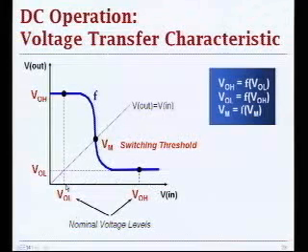On this characteristic, we define some nominal values that we assign to logic 0 and logic 1. The nominal value assigned to logic 0 is called VOL. That's the output low voltage that we interpret as logic 0. Similarly, we have VOH, the high value of output that is assigned to logic 1.